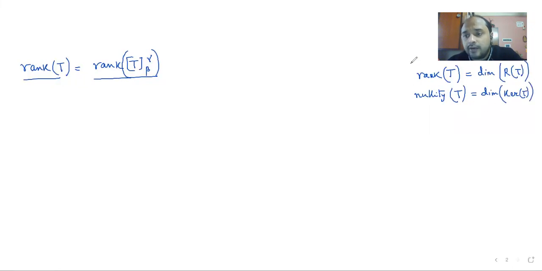Okay. Now when a transformation is given and we try to find the rank of T, if I stick to this definition, then I need to find the range space of T, and from there I try to count.